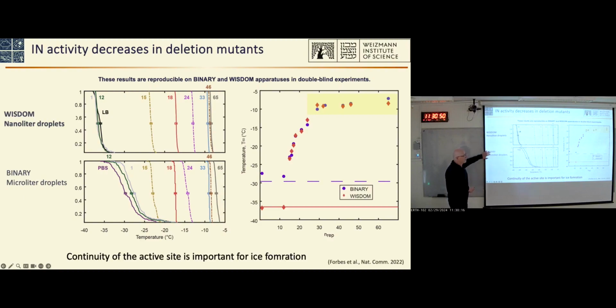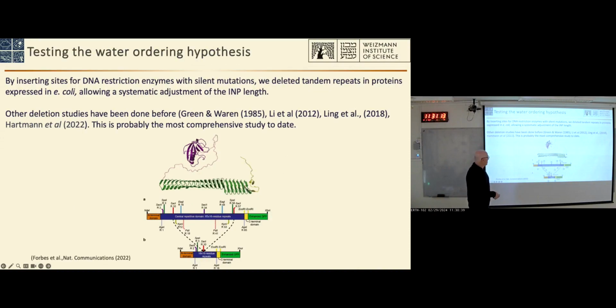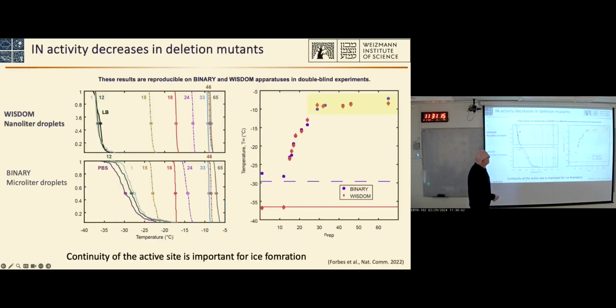And also through our collaboration with a different instrument that has larger droplets, where the homogeneous ice nucleation temperature is higher. We did a double-blind experiment. We didn't know what the samples were, he didn't know what the samples were, and this is the result. We can see that when we go down from 65 to about 32 coils, you remember, this number of coils, there's hardly any change in the temperature of freezing.